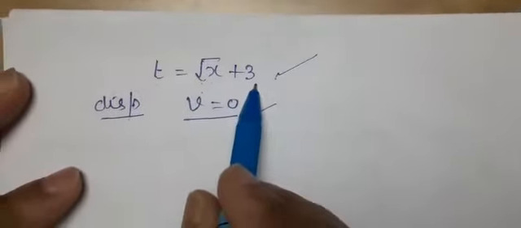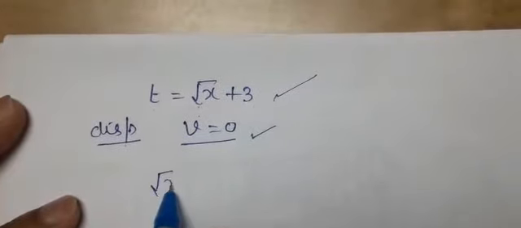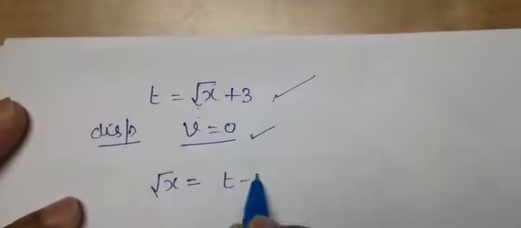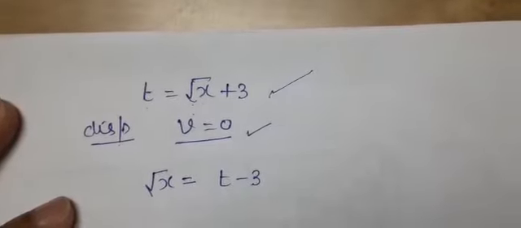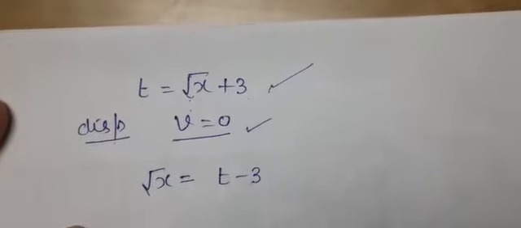Let me rearrange this equation. We can write it as under root of x is equal to t minus 3. Simple mathematical step. No physics concept has been used till now.